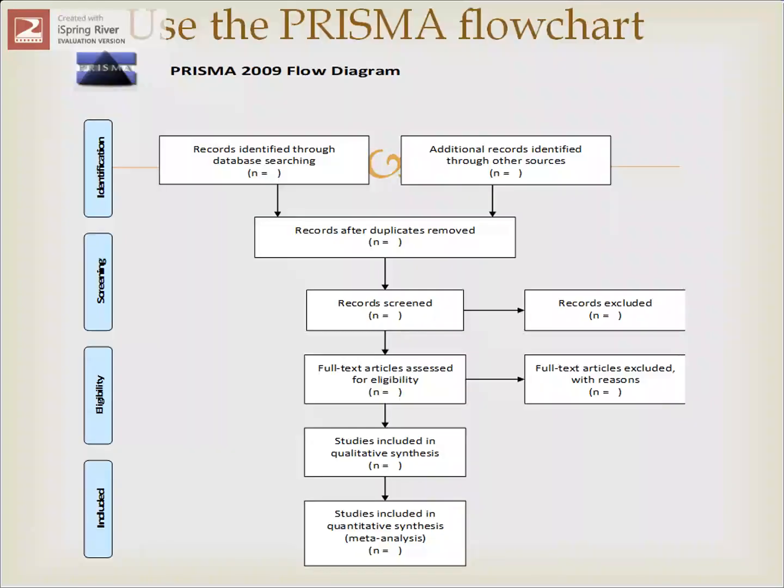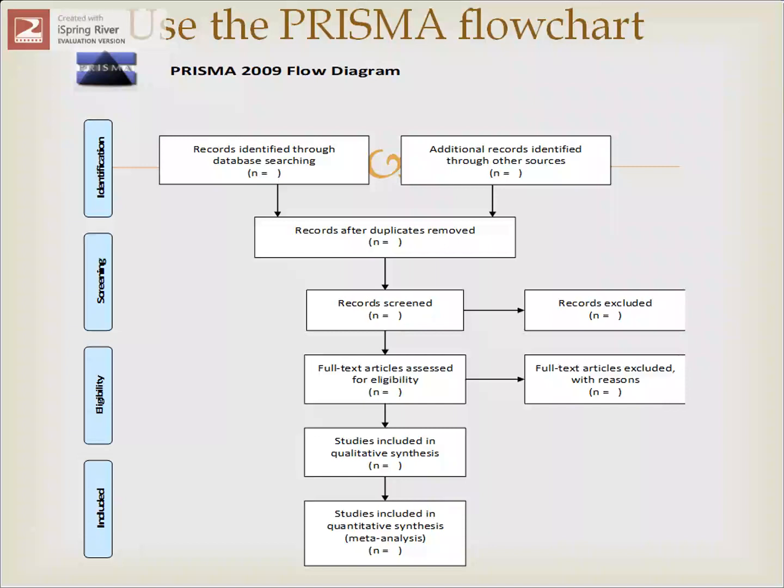Here is the PRISMA flow diagram, which is really helpful while you are summarizing your literature. So the first stage is identification of your records. When you put your keyword in the search engine, the studies will come up. So you are going to identify these studies through titles.